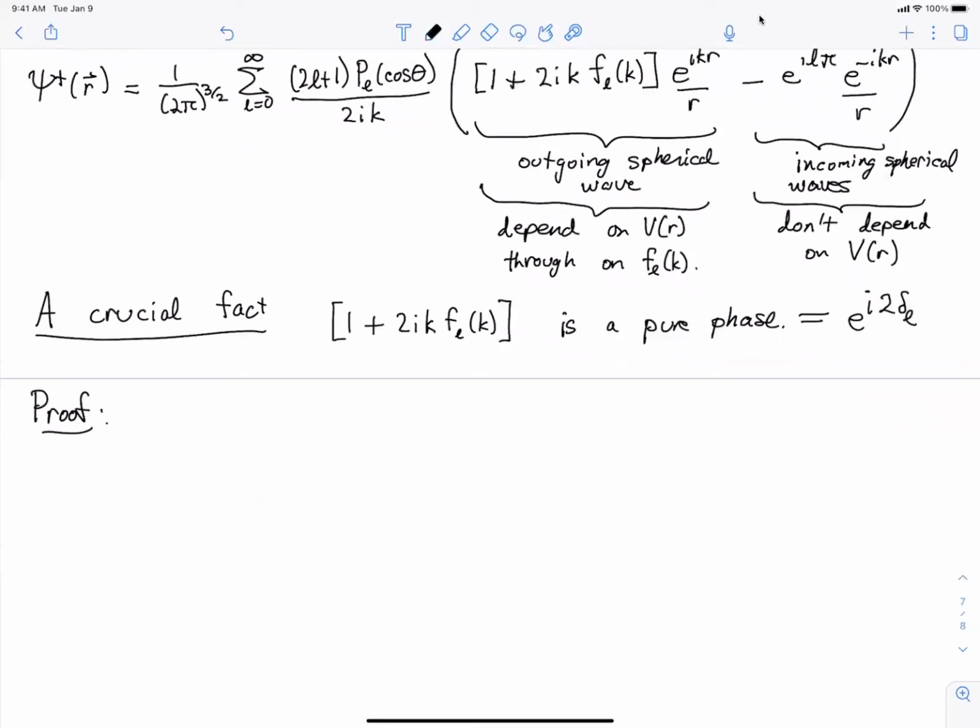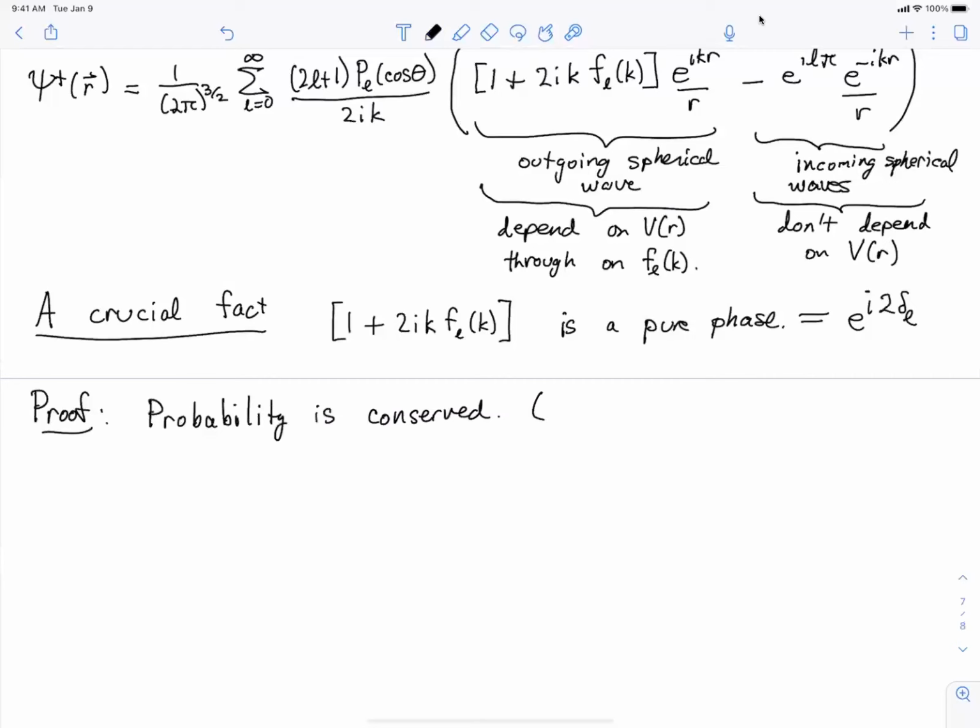Okay, and again, just like the optical theorem, although this is a little easier to prove than the optical theorem, it's all based on the fact that probability is conserved. That's why this thing is just a pure phase. And in fact, you can do generalizations of what we're doing to the case where the potential is eating particles or absorbing particles, and then what I'm about to do wouldn't work.